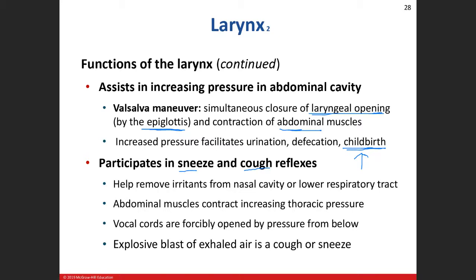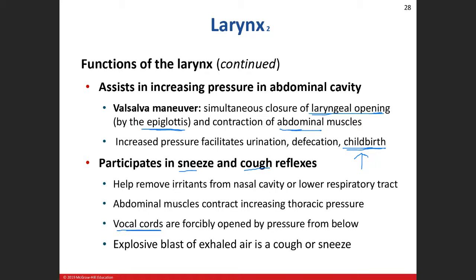If, God forbid, something is inhaled and it makes it into your lower respiratory tract, it will stimulate your thoracic muscles and your abdominal muscles to contract quickly to expel the air. We'll talk about the vocal cords here in a little bit.